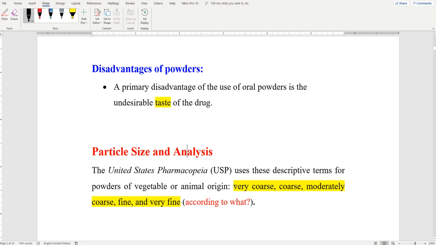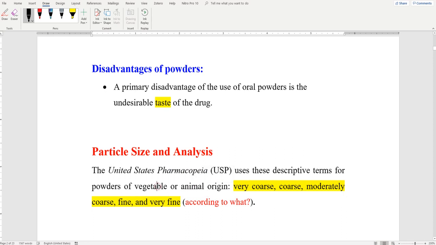But originally, the United States Pharmacopoeia, what did they say, the pharmacopoeial people? They said, well, these powders that we classify to very coarse, coarse, moderately coarse, fine, very fine, are from vegetable or animal origin.